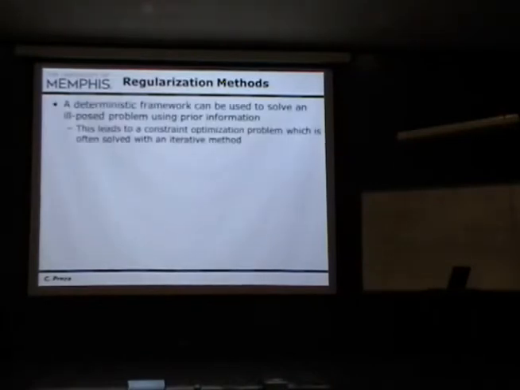Okay, so a little bit more about regularization methods. This idea of solving ill-posed problems can be developed by taking one of two approaches. One is called a deterministic approach or a deterministic framework, in which case this leads to constrained optimization.